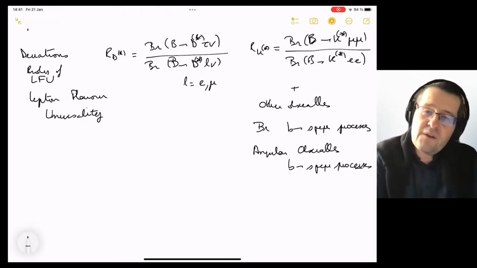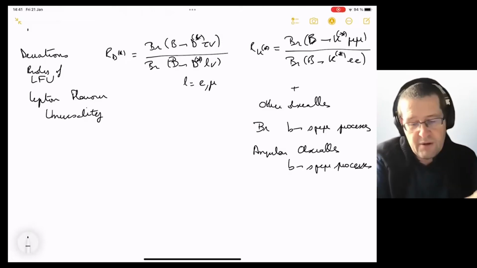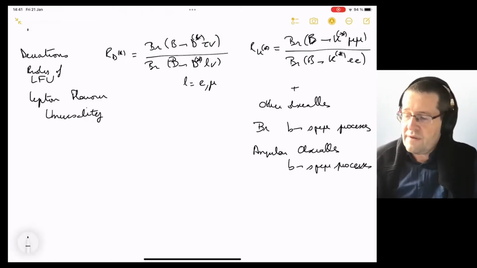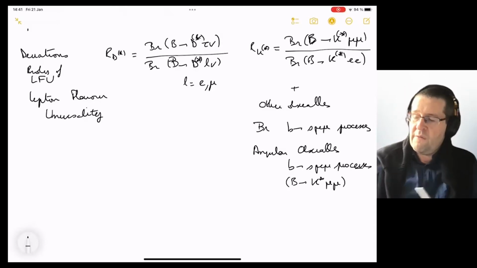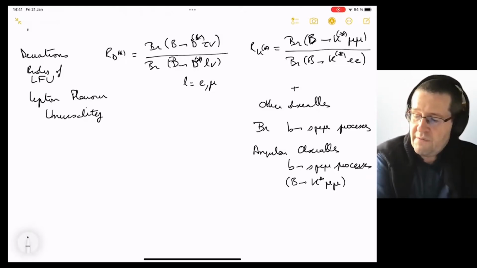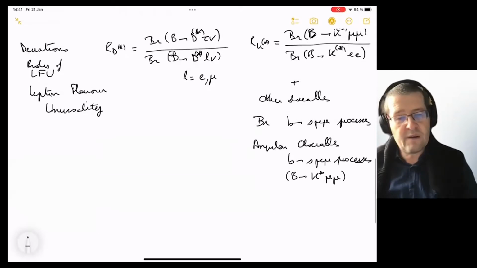And those deviations occur not only at the level of the decay rate, but also concerning the geometry of those processes, and more specifically, for the branching ratio, it's B to K mu mu, B to K star mu mu, B_s to phi mu mu, but for the angular observables, you will see that it's more related to B to K star mu mu.